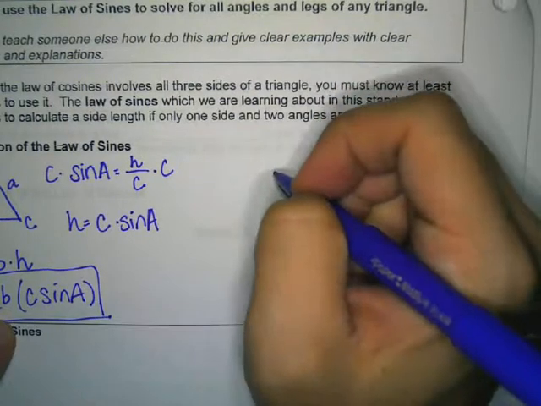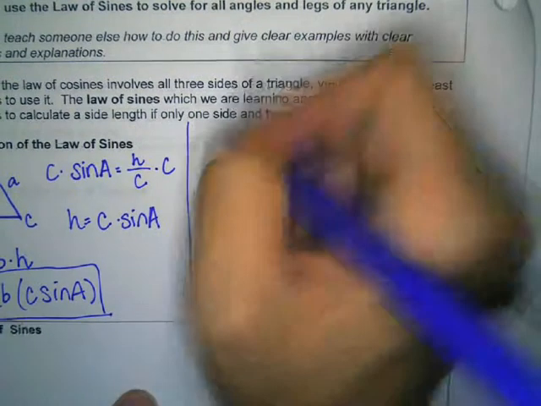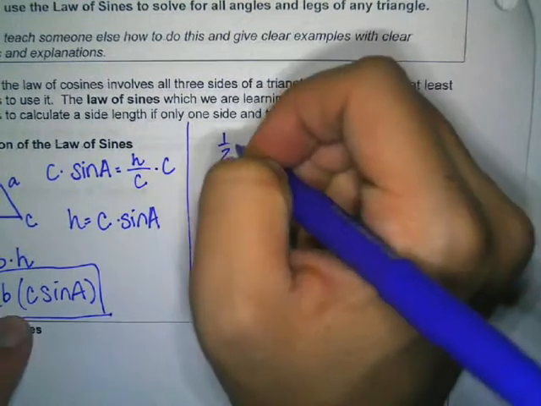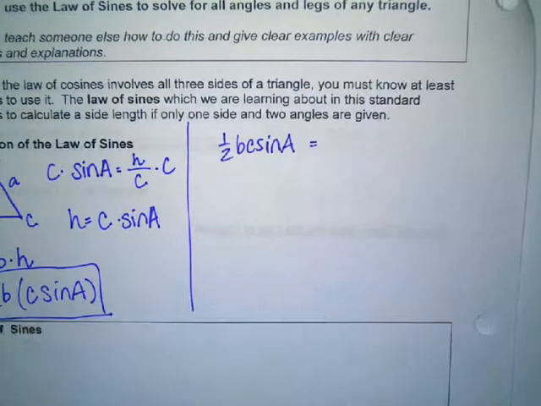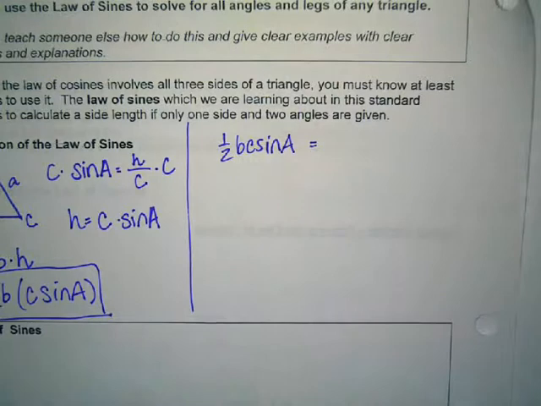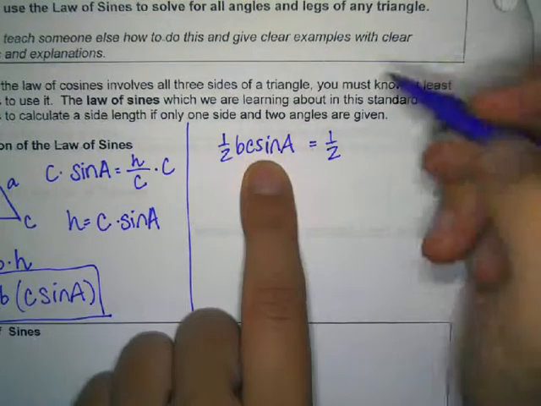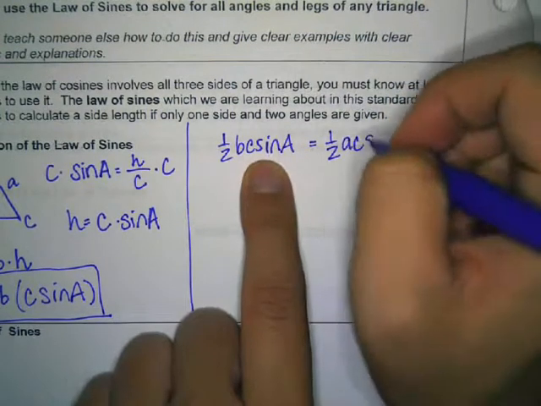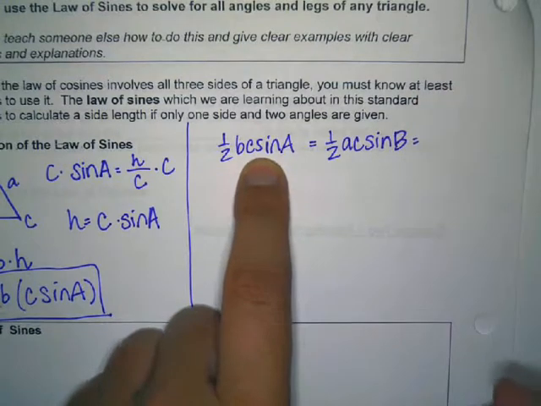It takes 1/2 BC sine A. And it says, okay, if we use the same triangle, I could move my variables around a little bit to write a different expression that will be the same area. So I could say, all right, this is the same thing as saying 1/2 AC sine of angle B, right?